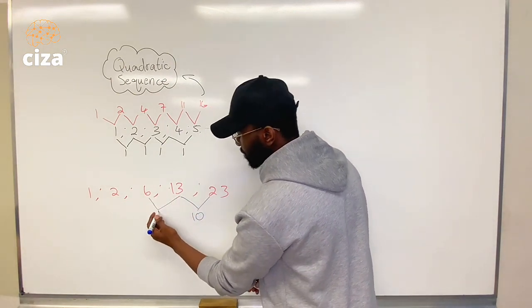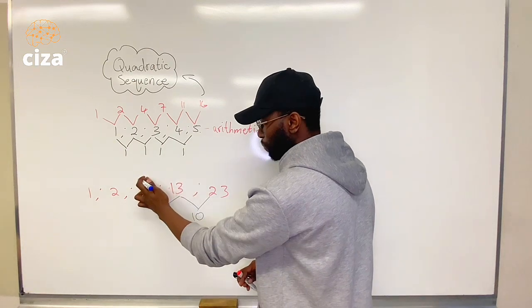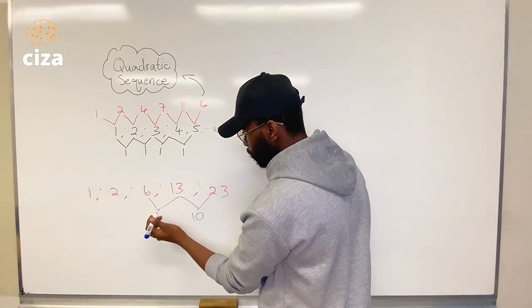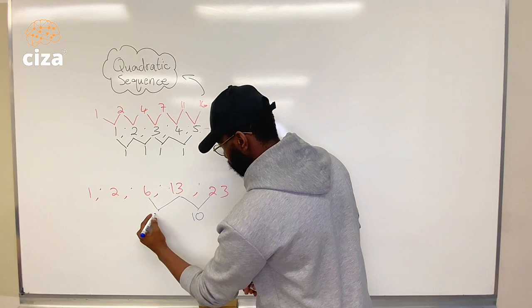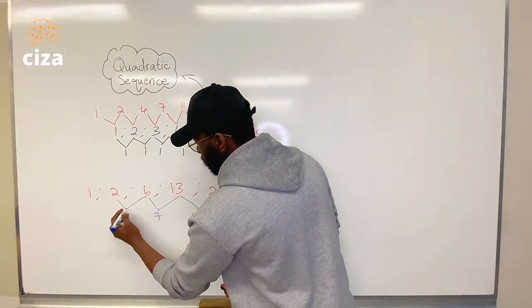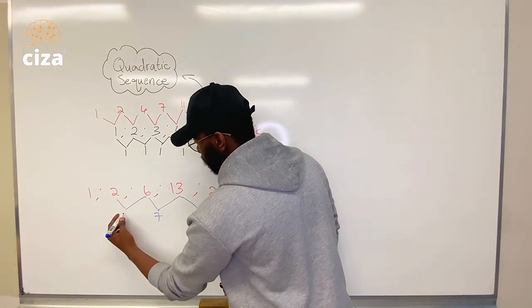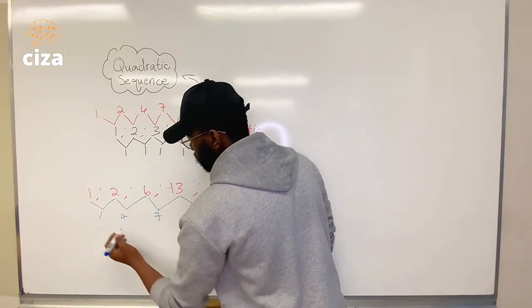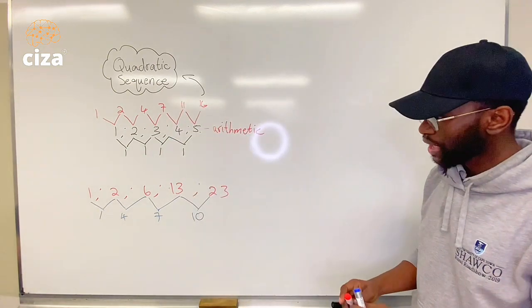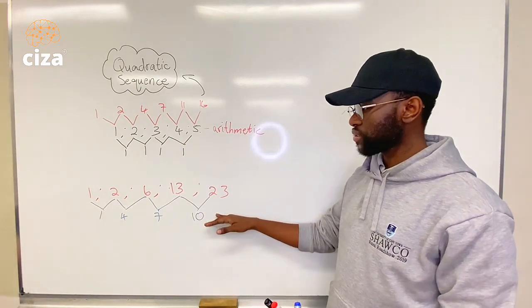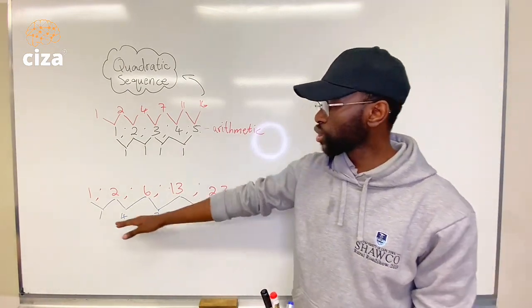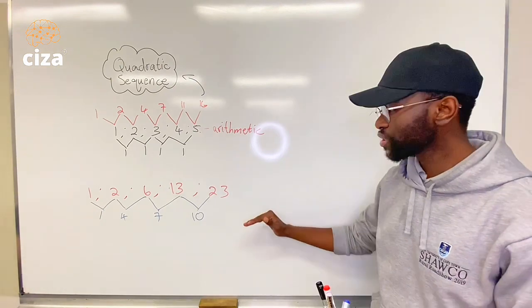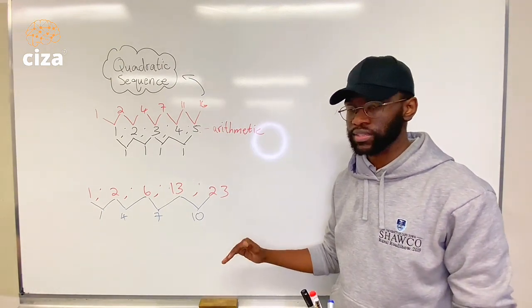Now 13 minus 6, the following term minus the previous term, will give us 7. 6 minus 2 will give us 4. 2 minus 1 will give us 1. Now, we found the first difference, and we find that it is not common. So we know that this is not an arithmetic sequence.